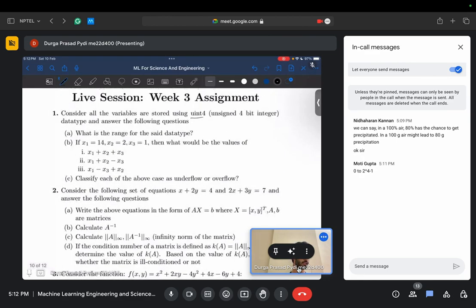Now if I have these x1, x2, x3 as 3 variables that are storing these particular numbers, then what will be the values of this? Now that you already know the concepts of underflow and overflow, ensure that things are properly done, not using hand calculation, but using finite precision arithmetic. So what would be the values of this?